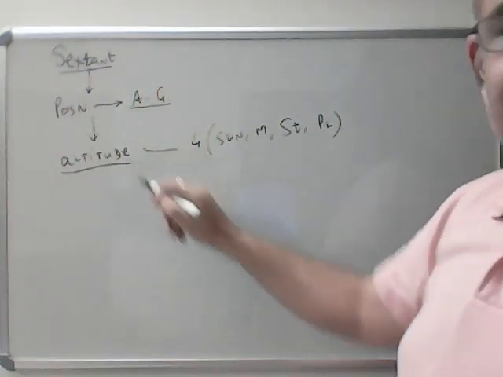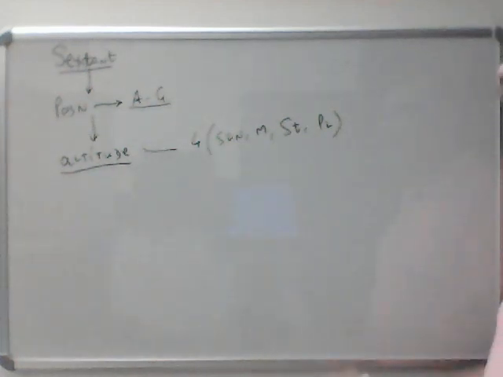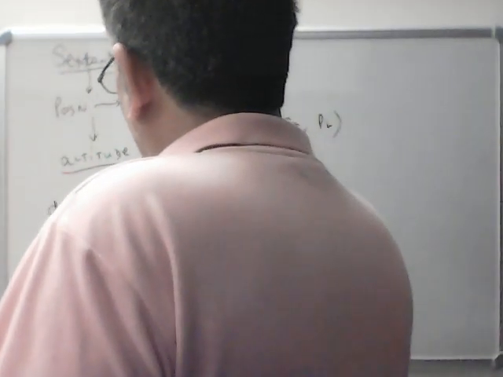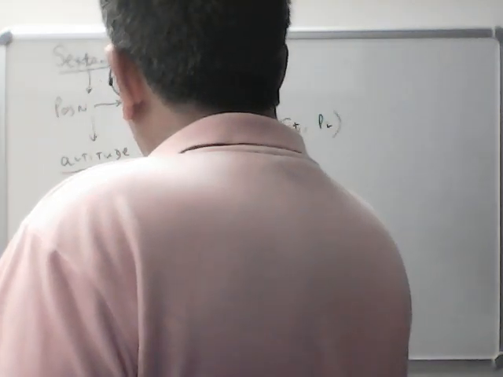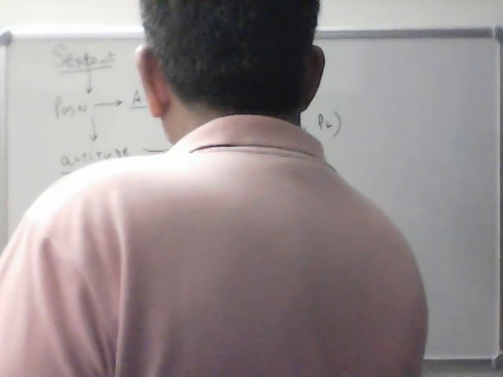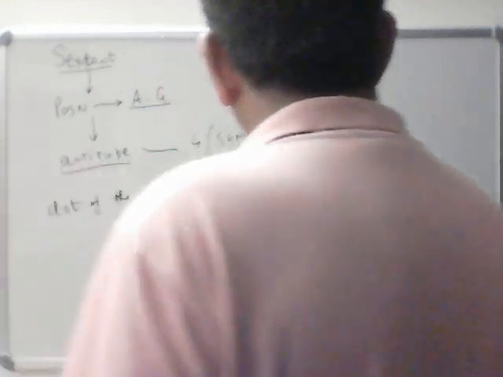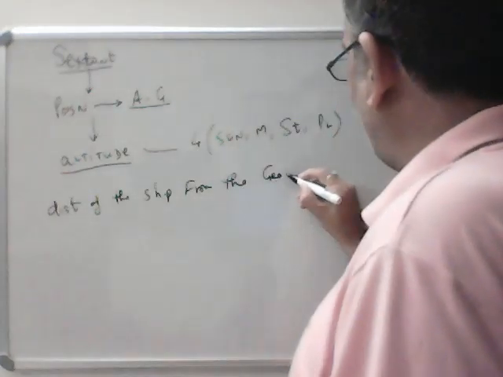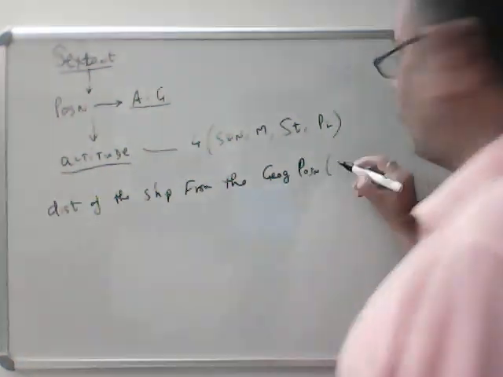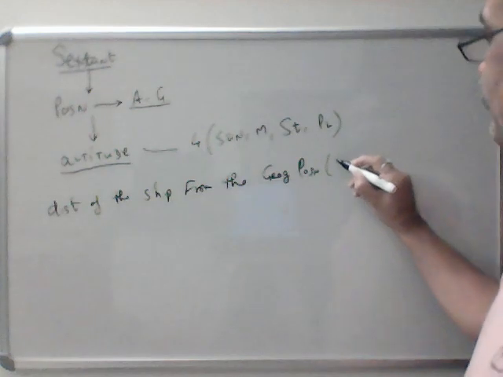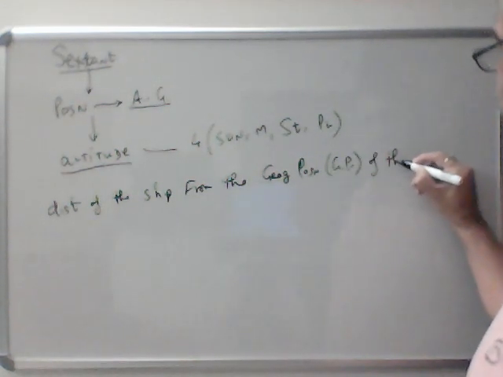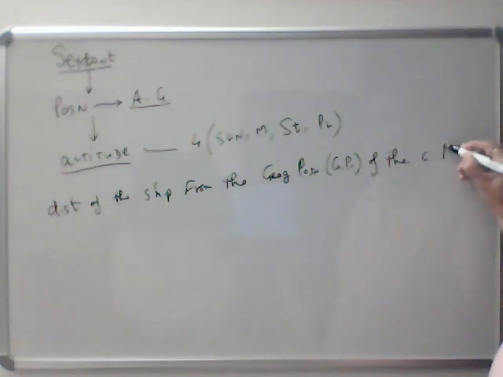And from this altitude, we can get the distance of the ship from the geographical position, also known as GP, of the celestial body.